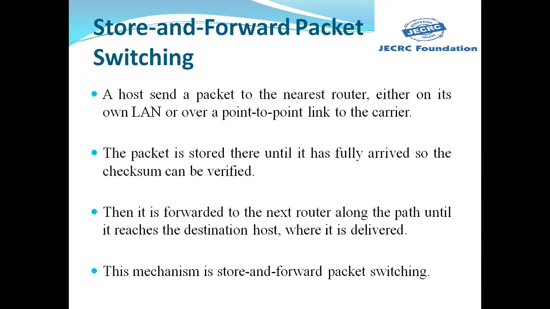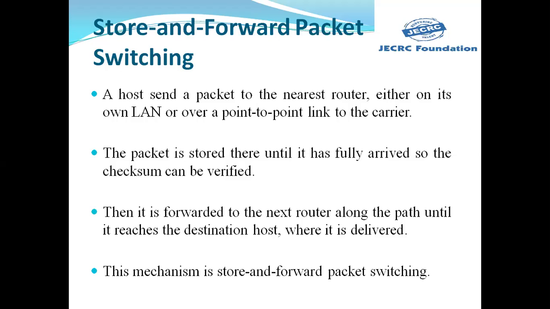First issue is the store and forward packet switching, which is used in the network layer. Network layer basically routes the data. At the server end, we have many routers. When the packet is transmitted from source to destination, all routers store the packet until that packet is delivered to the destination.